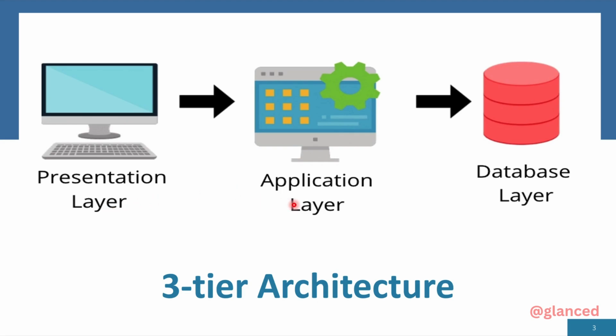And when it comes to the application layer, which is also known as the middleware, they will use different programming languages in order to write the logic. Those programming languages can be C, C++, Java, Python, and so on. And the application layer needs to interact with the database layer, right? So they will be using a language known as SQL.